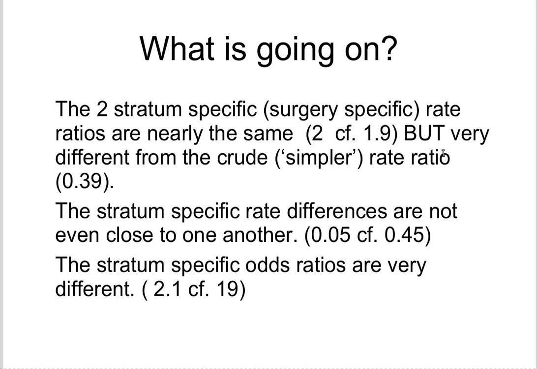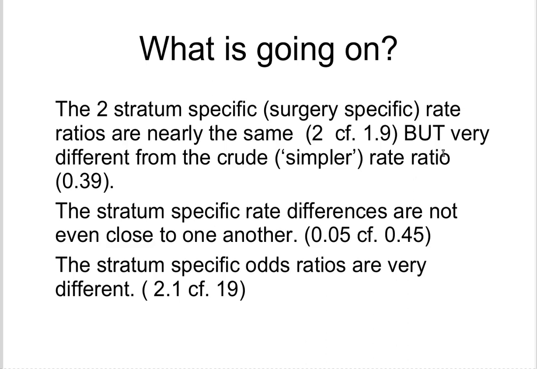The two stratum-specific, or in this case surgery-specific, rate ratios are nearly the same, but very different from the so-called crude rate ratio that did not identify the surgery type.